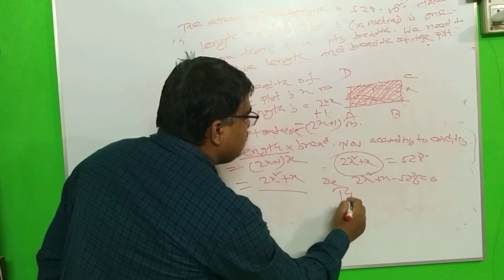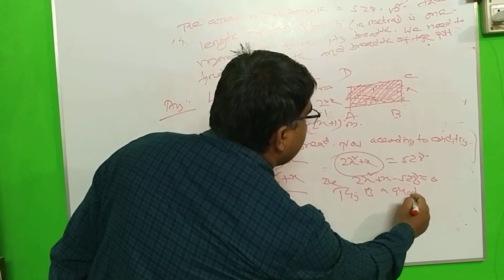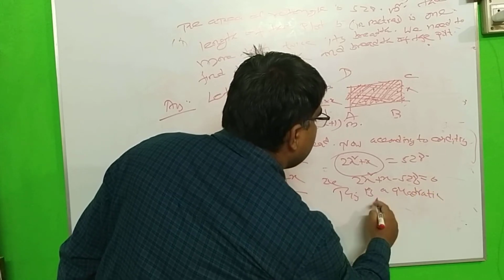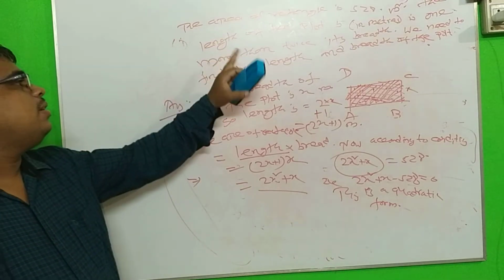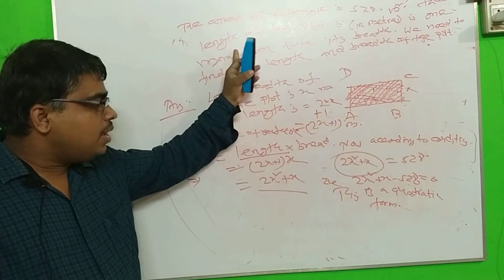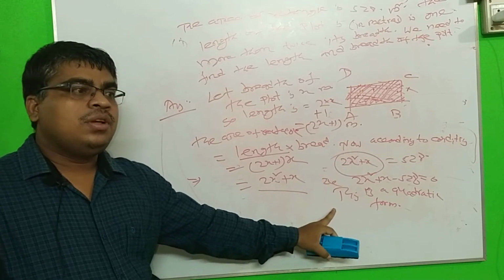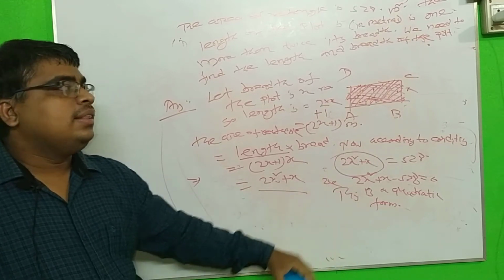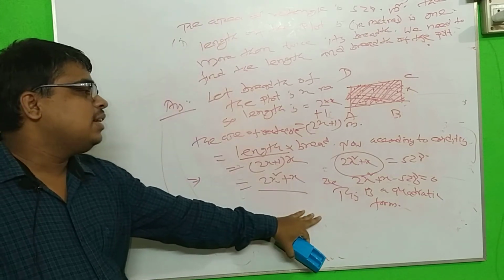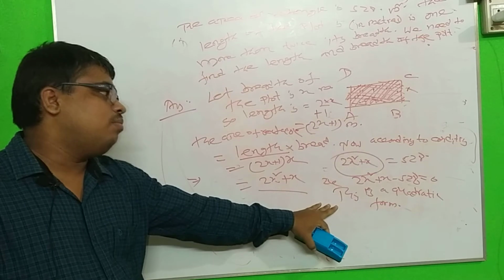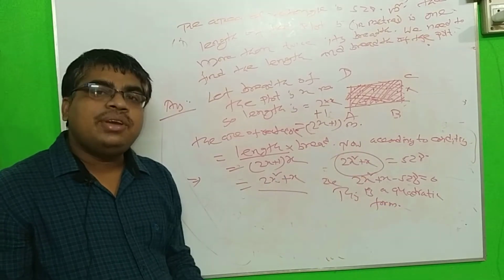This is a quadratic form. This situation can be expressed in the quadratic form of equation. Thus, a practical example can be expressed in a mathematical form of algebraic equation.